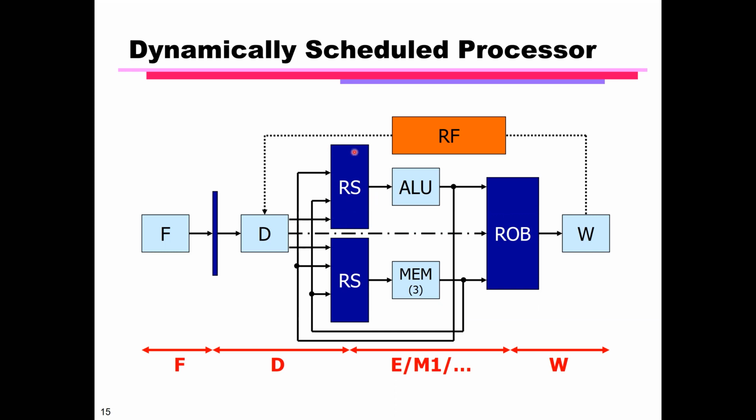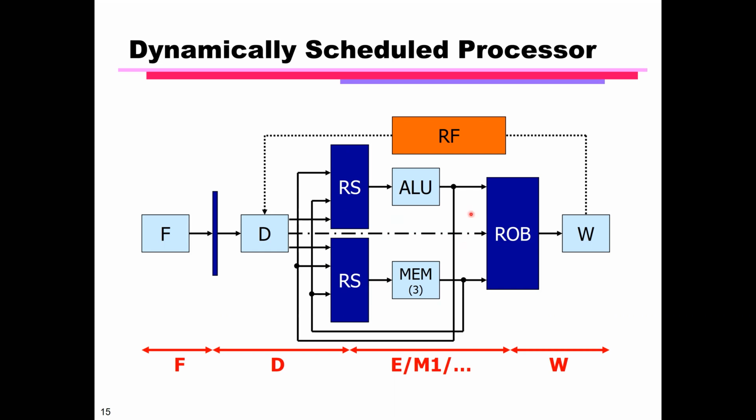So I need to fatten up, make bigger this pipeline register. It must grow in size and allow me to put there instructions that cannot advance, but should not block me from advancing the fetch and decode. Okay, so somehow this register has become multiple registers of the same sort.